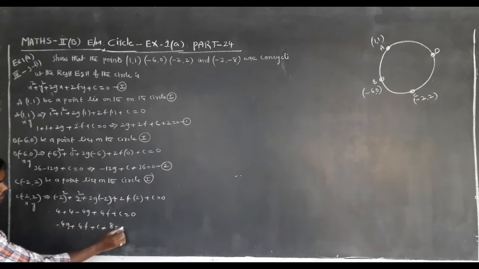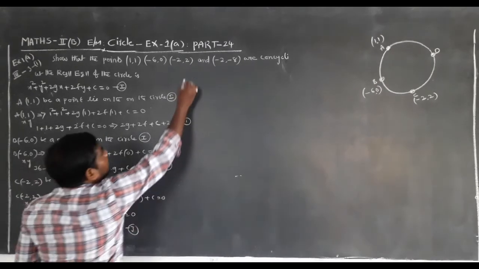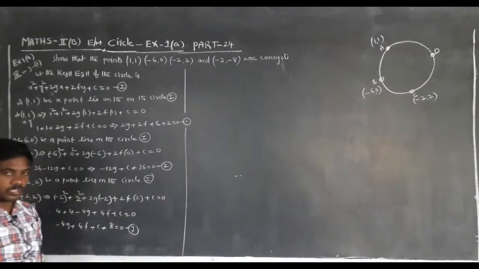So -4g plus 4f plus c plus 4 plus 4, that is 8, is equal to 0. This is the condition number 3.